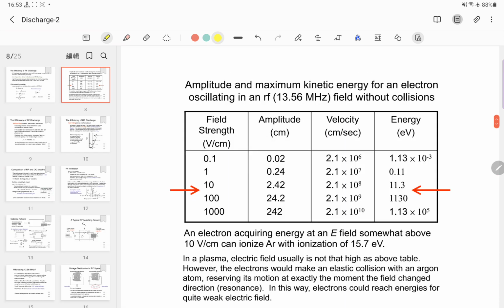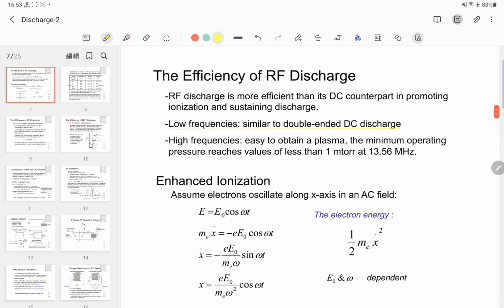Okay. So electron temperature, or in other words, electron energy, is very important in the plasma system. So this set of equations helps us calculate the electron energy.